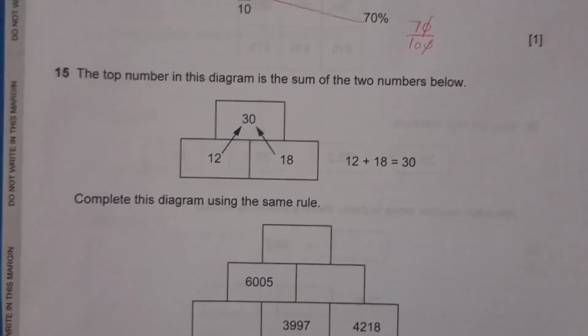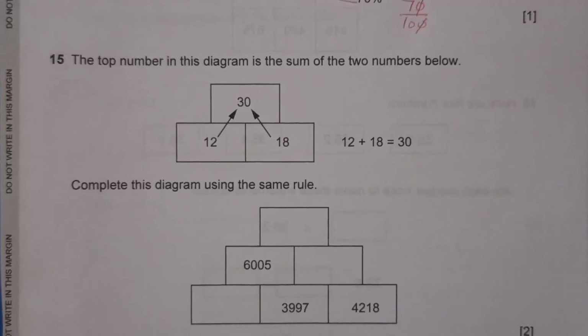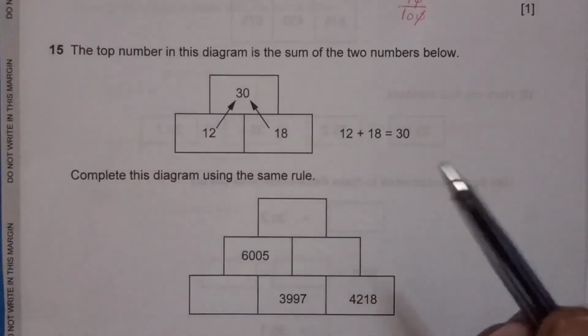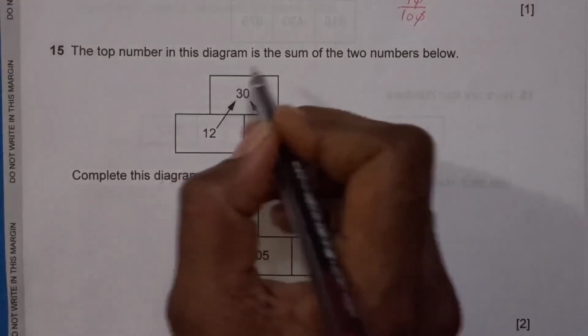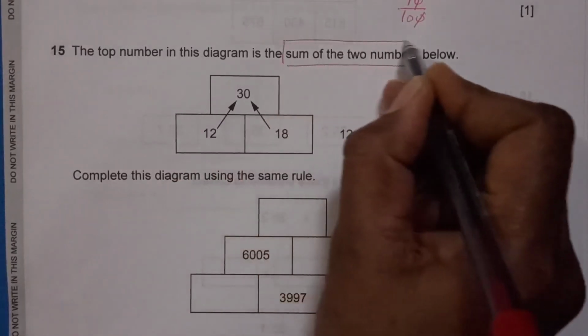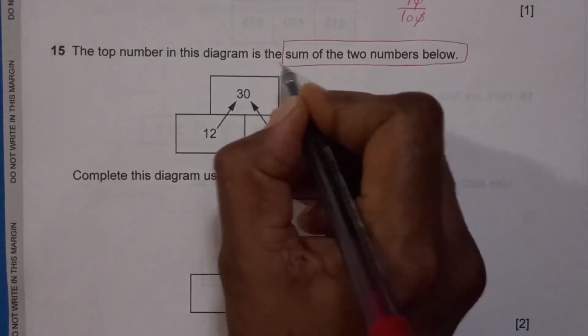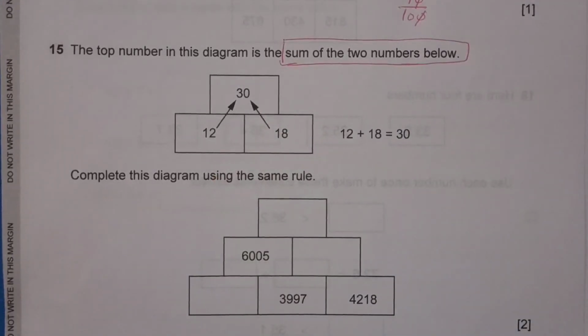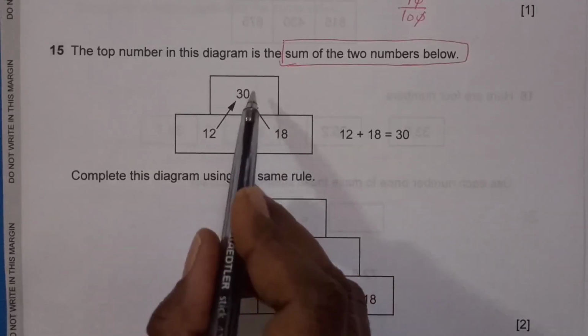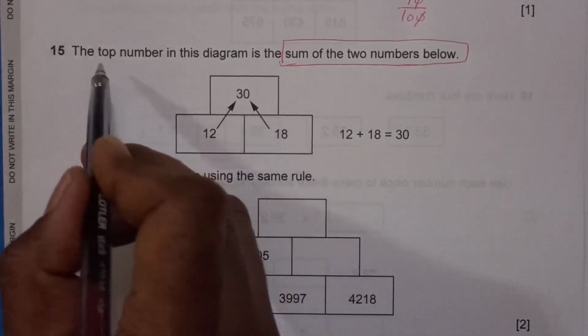Now move to question number 15. The top number in this diagram is the sum of the two numbers below. So this is the rule here, sum of the two numbers below. This one is an example. So this is the top number.